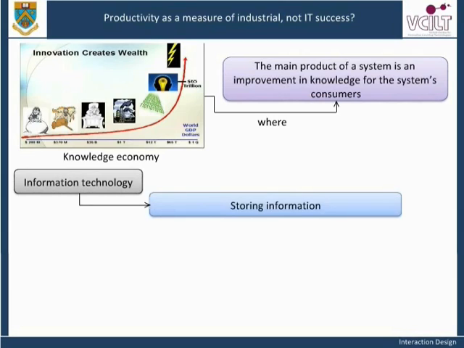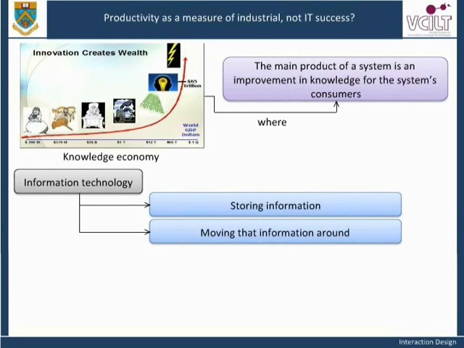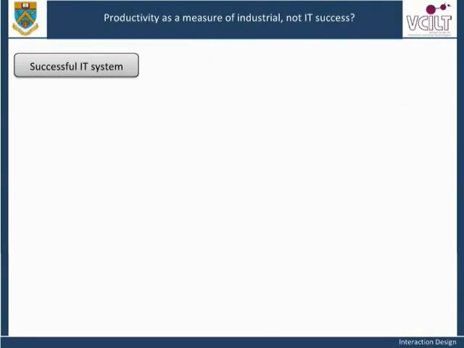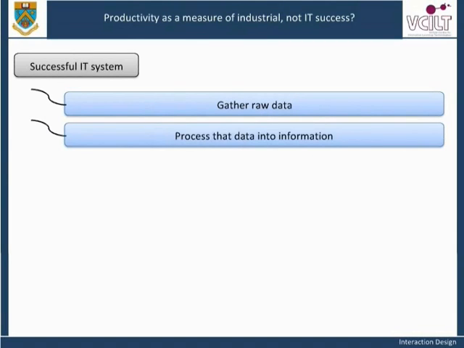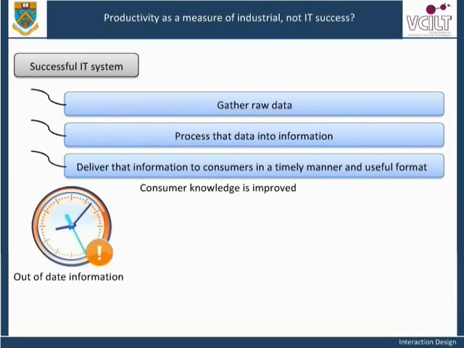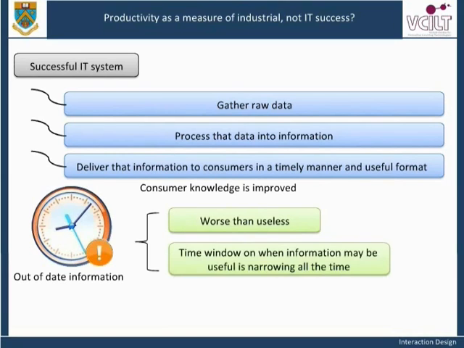Information technology is about storing information, moving that information around, and most crucially, translating information from one form to another. A successful IT system will gather raw data, process that data into information, and deliver that information to consumers in a timely manner and useful format, so that the consumer's knowledge is improved. Much play is made of the fluidity of such systems. Out-of-date information may be worse than useless, and the time window on when information may be useful is narrowing all the time.